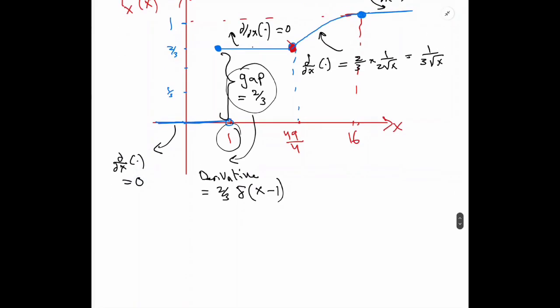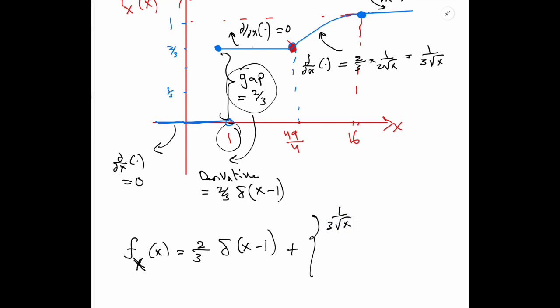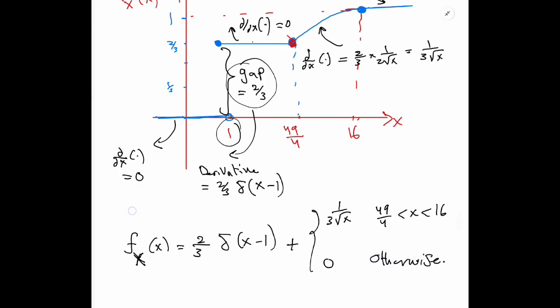So now we can see that the density function of X, little f of x, is equal to 2/3 delta(x minus 1) plus 1/(3 root x) for 49/4 less than x less than 16, and 0 otherwise. And that's it.